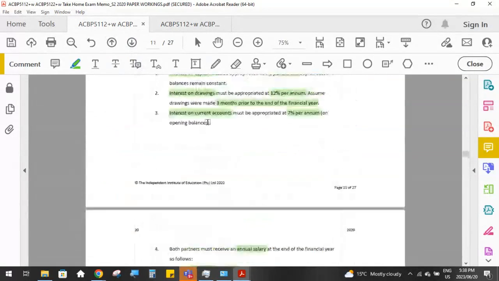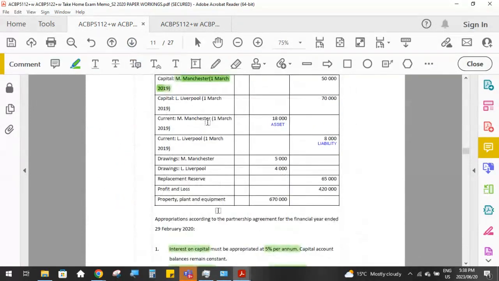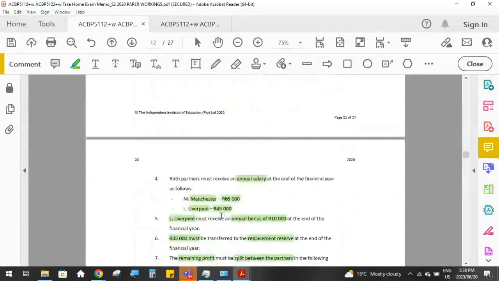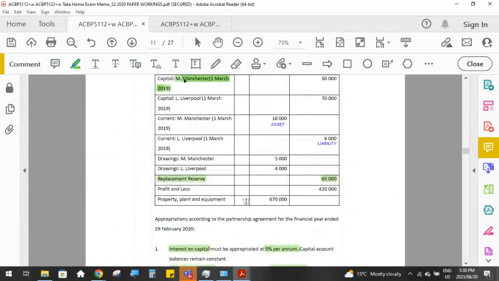If we go back to our original trial balance, the replacement reserve, before we did that, already had a credit balance of 65,000 in it, and we are now increasing that by another 35,000.